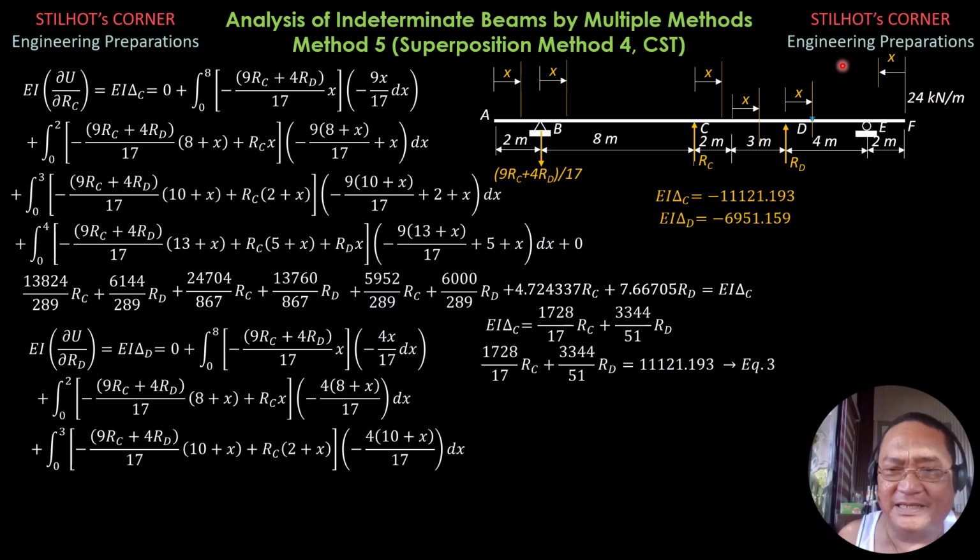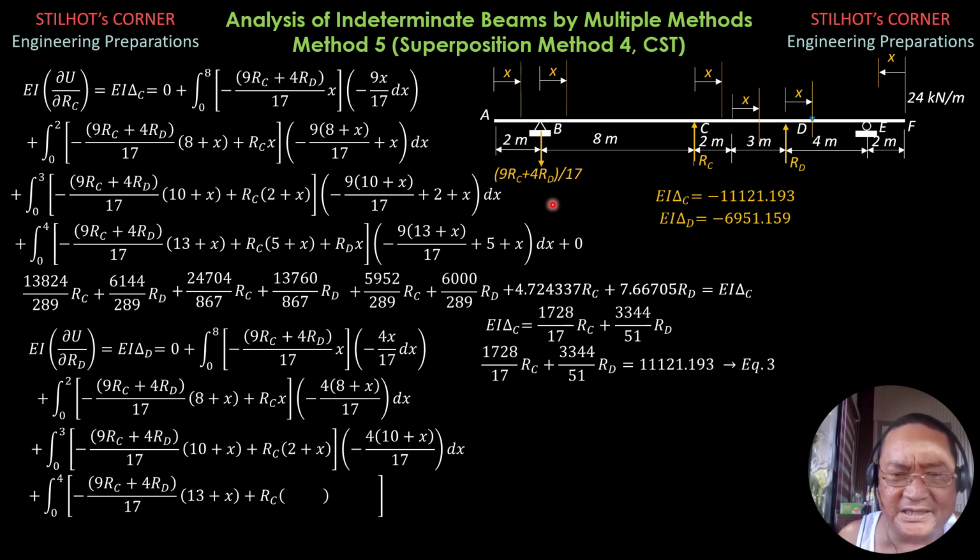Then this is the last section, because the integral in this section EF is 0. So integral 0 to 4 of quantity negative 9 RC plus 4 RD over 17 times 13 plus X plus RC times 5 plus X plus RD times X. Then the derivative with respect to RD is this.